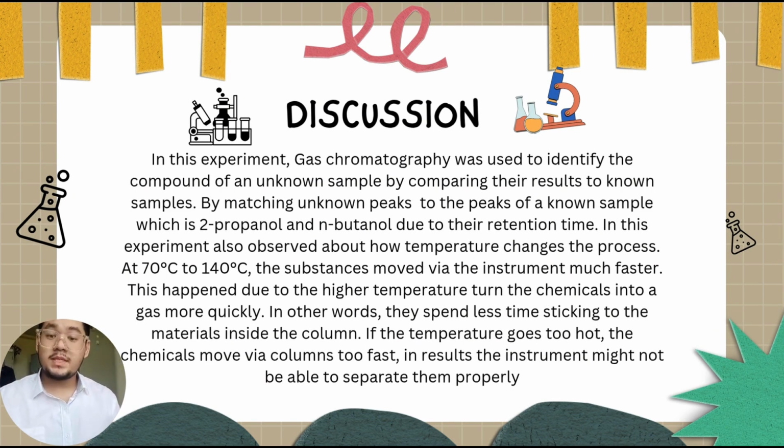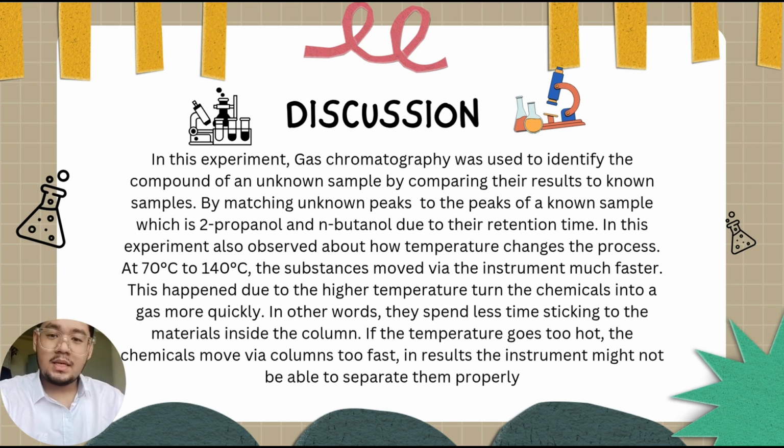This experiment observed that temperature can also change the rate at which the substances move in this experiment. Why? How does it happen? Because we can see that at 140 degrees Celsius, the substance moves through the instrument faster than at 70 degrees Celsius. Why? Because due to the higher temperature, the chemical can convert into gas much more quickly.